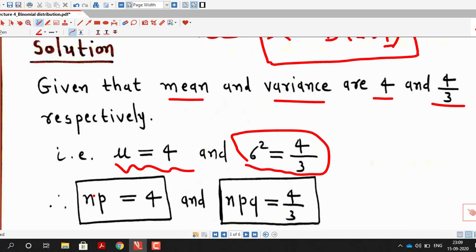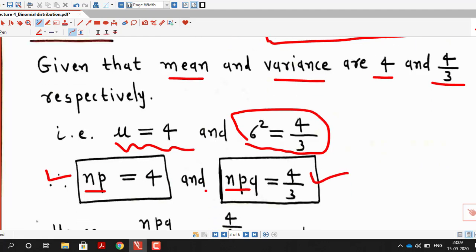So we replace mu by n into p and we have n into p equal to 4. Similarly, sigma square of a binomial distribution is npq, so we put sigma square equal to npq and we obtain 4 by 3. From these two equations we have to decide small n and small p. You can see we have n into p in both the equations, so we can divide this equation by this equation.